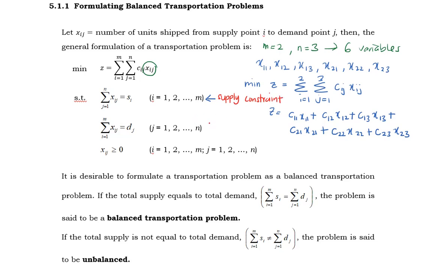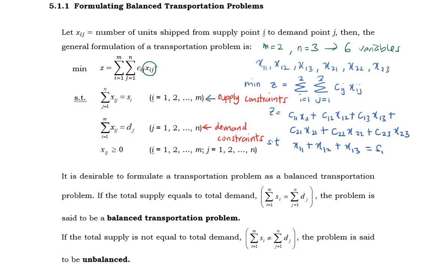And the other is the demand constraint. Using this example, the constraint of the first supply point, where i equals 1, is x11 plus x12 plus x13 equals S1.